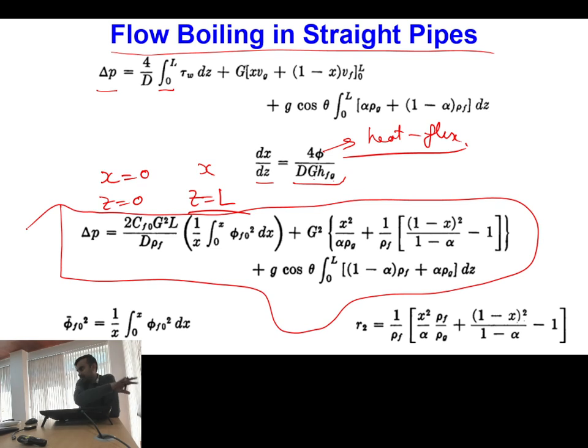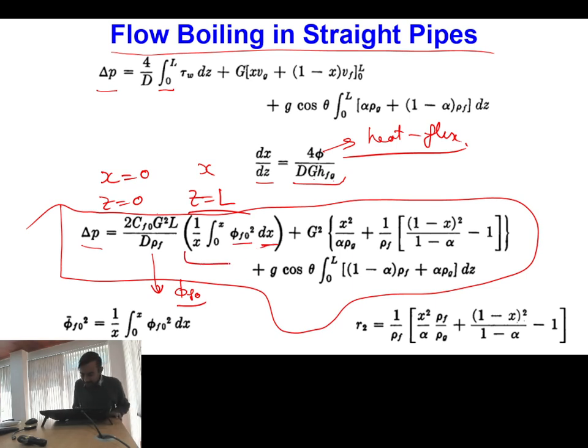Using this, we get this particular equation for pressure drop. So what was the previous equation? I have integrated that previous equation and got the value of delta P. Now you can see in the previous equation I had one multiplier phi FO involved in the frictional term. When I do the integration, I get this multiplier as 1 by x, integral from 0 to x of phi FO square dx.